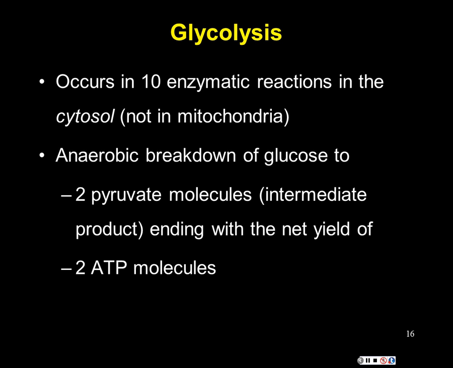Pyruvic acid is pyruvate. It's just an alternative name for the same thing. So the glycolytic pathway will split glucose into two pyruvic acid molecules. And along the way, it'll release 2 molecules of ATP. We don't have anything to compare it to at this point, but 2 isn't very much ATP.